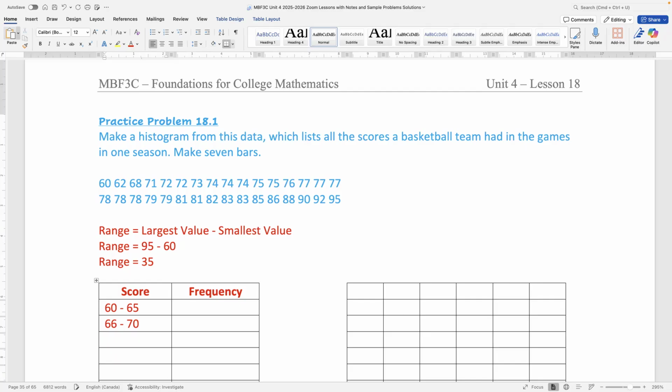And then we're going to do 71, 60 to 65 is 5, 66 to 70. It's not going to work either.